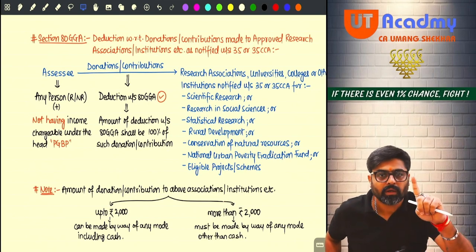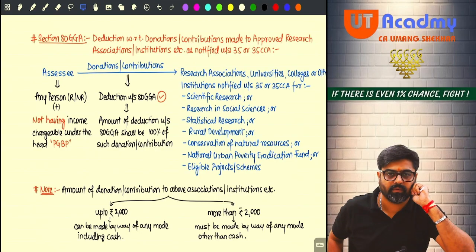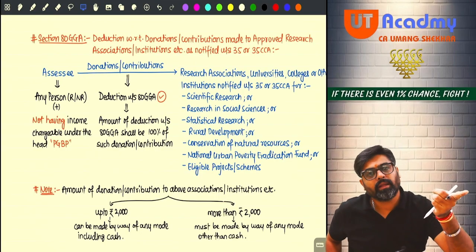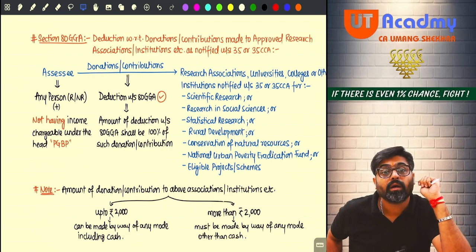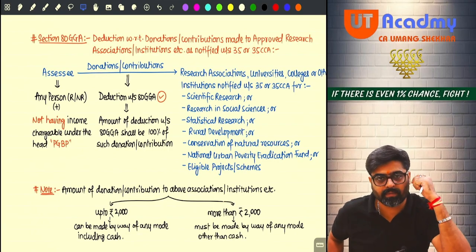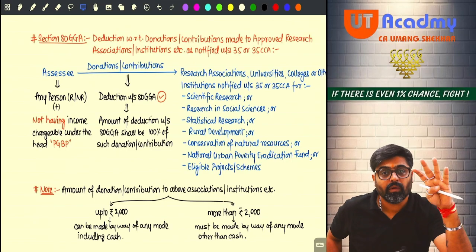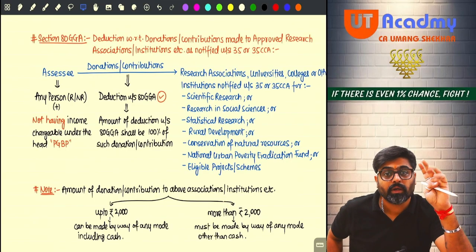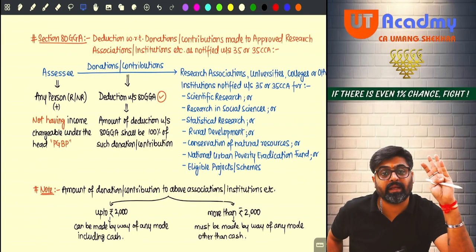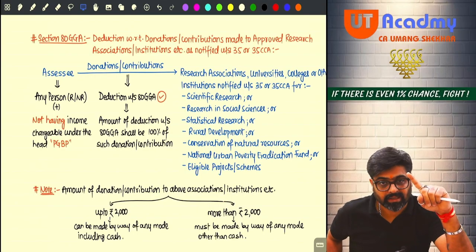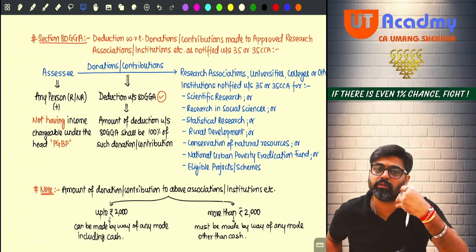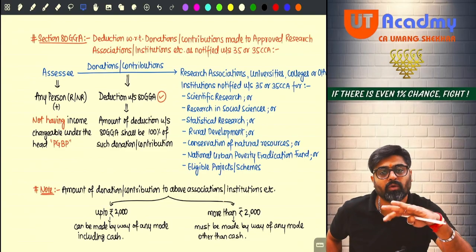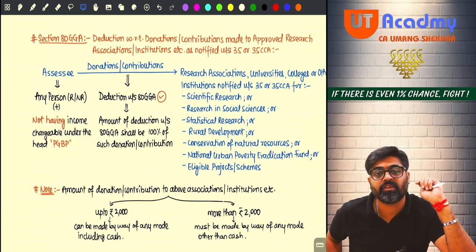National Rural Development Fund. The donation made by you in that fund will qualify for deduction under 35 CCA from your PGBP income. Now, if you don't want to contribute here also, there is the National Urban Poverty Eradication Fund. In that fund also you can donate, and the donation made by you will be eligible for 35 CCA deduction from your PGBP income.